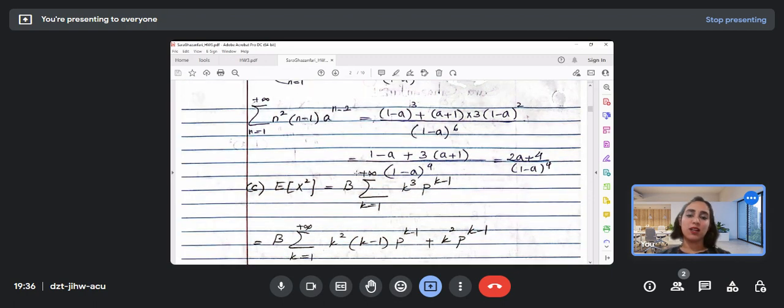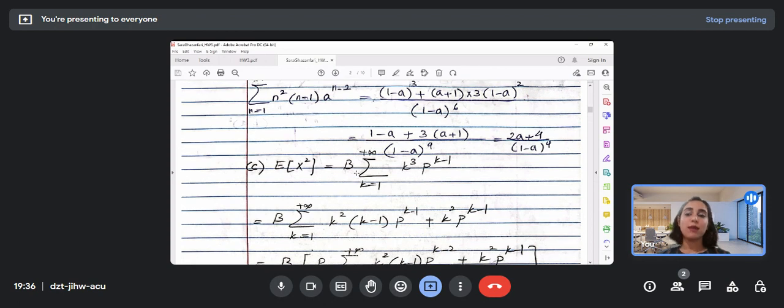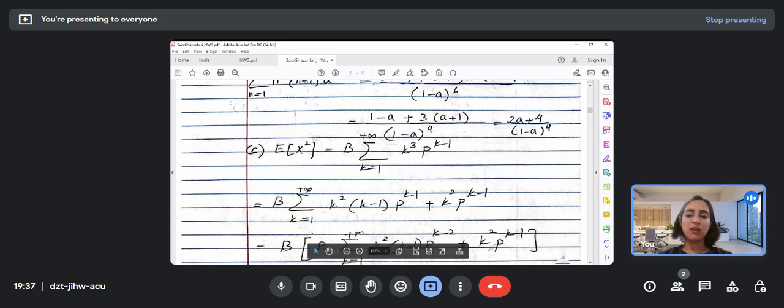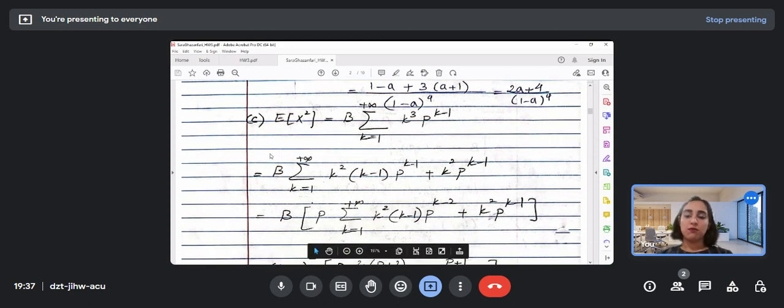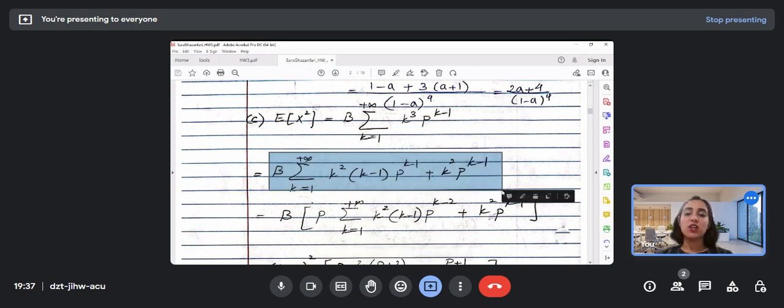Fortunately, this formula is something that we want, except for one thing: here we have k to the power of 3, but there we have k to the power of 3 minus k to the power of 2. So we change the form of what we have here so that we can use our approximations, and this new form is exactly what we had in the approximations.